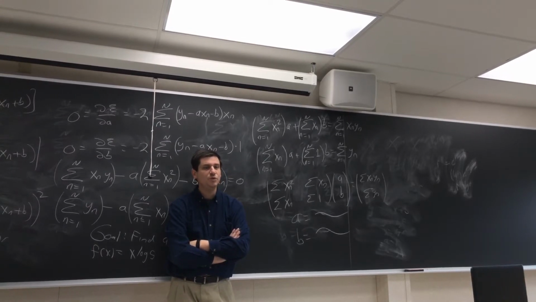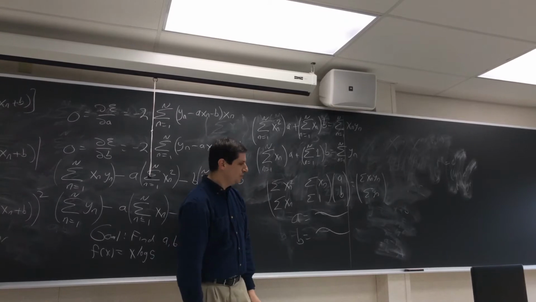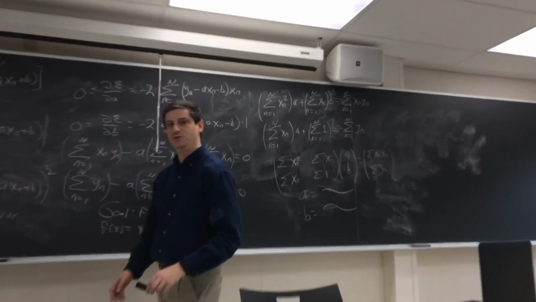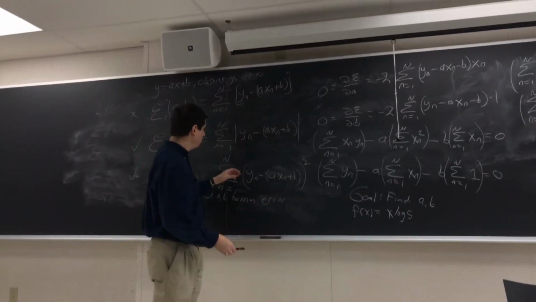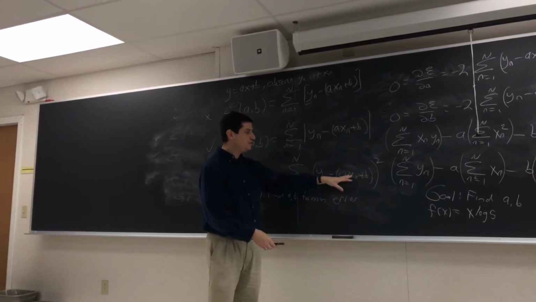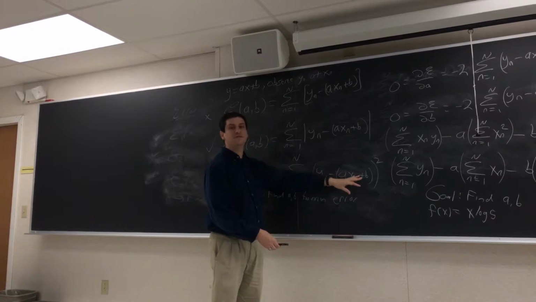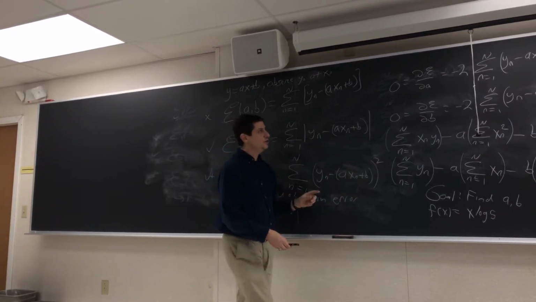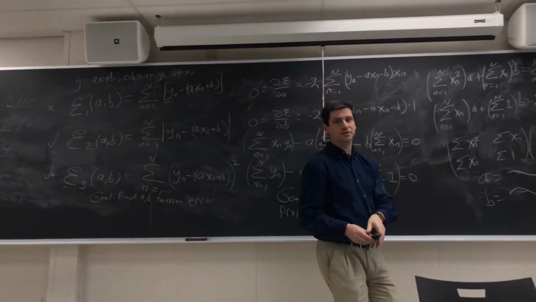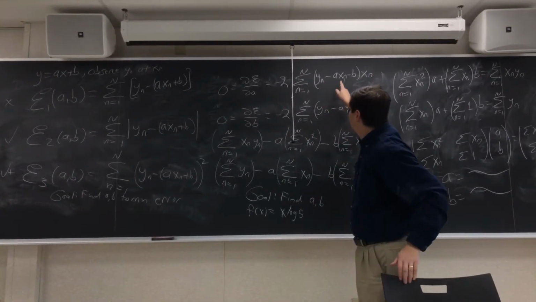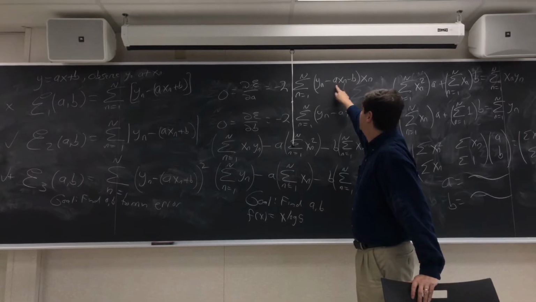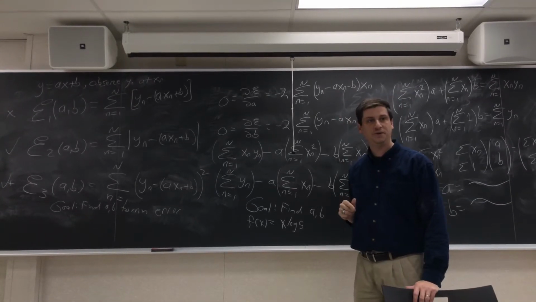Well, let's see where we needed to use the linearity. The real point is that when we differentiated this with respect to A and B, what we wanted was for the resulting expressions to depend linearly on A and B. So when we got over here to our equations, it only depends on A to the first power, only depends on B to the first power.